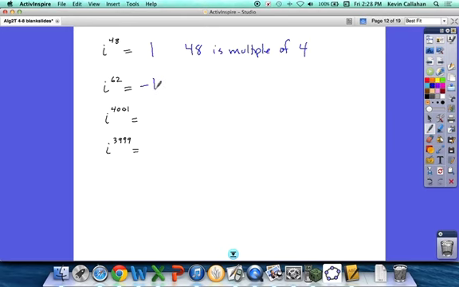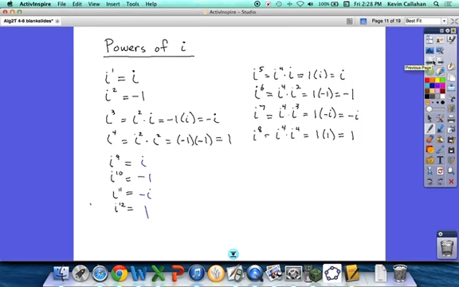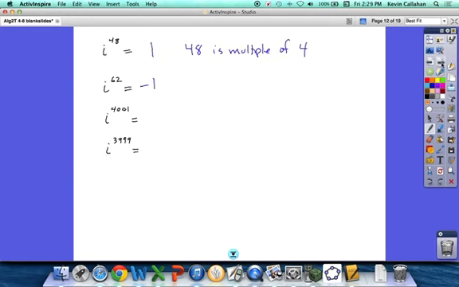Remember, just like we did on this one here: 2 is not a multiple of 4, but it's an even number, negative 1. 6, negative 1. 10, negative 1. Even, but not a multiple of 4.